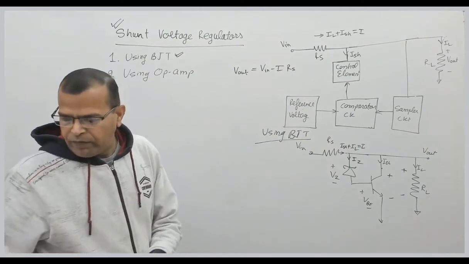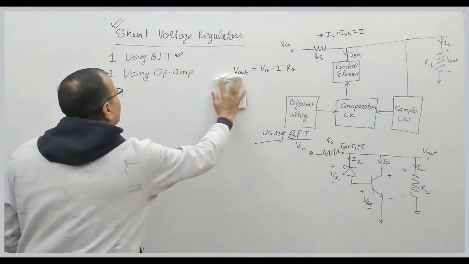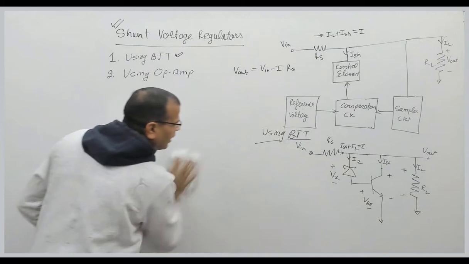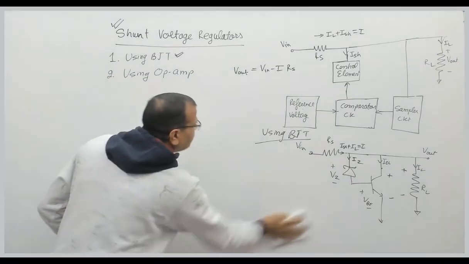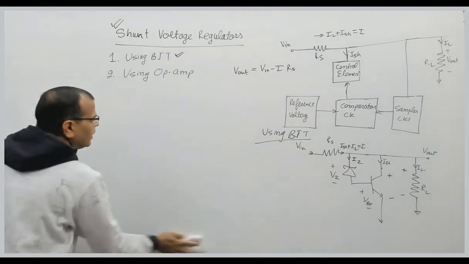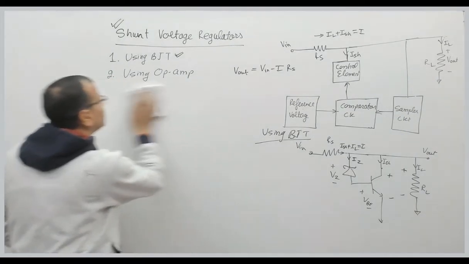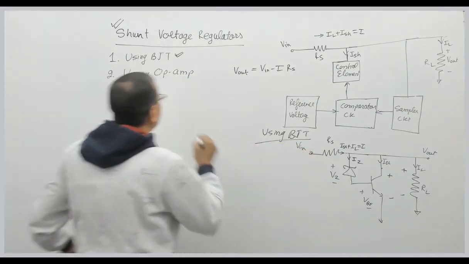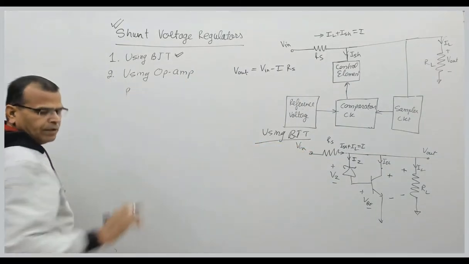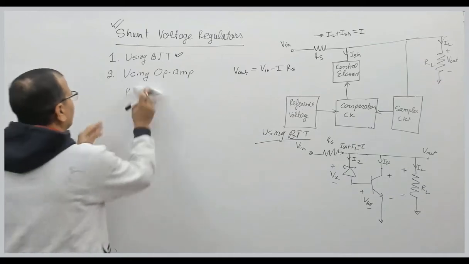So I will be talking about the different possible power losses occurring in the circuit. So what is the power loss in series resistance? The power loss in this resistance will be what? Power dissipation I will be talking about.